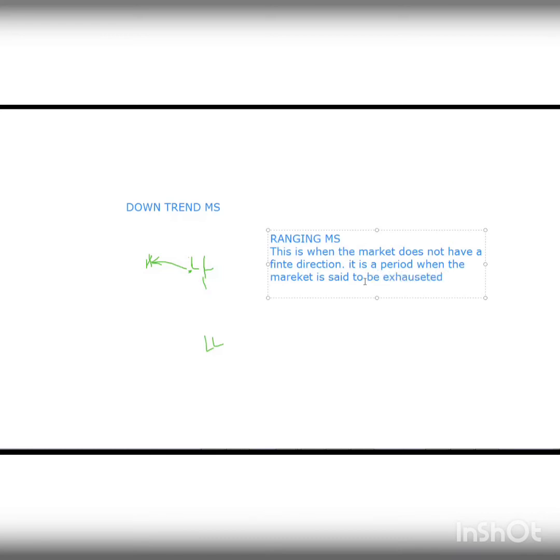Okay, guys, so this is a period when the market is not going in a finite direction. It's not going up or going down. Rather, it is just going sideways and it is consolidating.